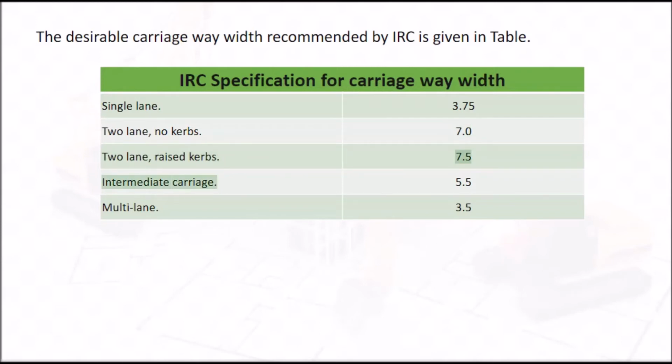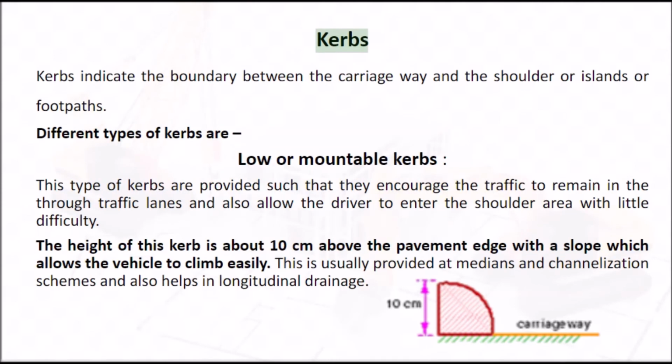Intermediate carriageway, 5.5. Multi-lane, 3.5 per lane. Curbs.